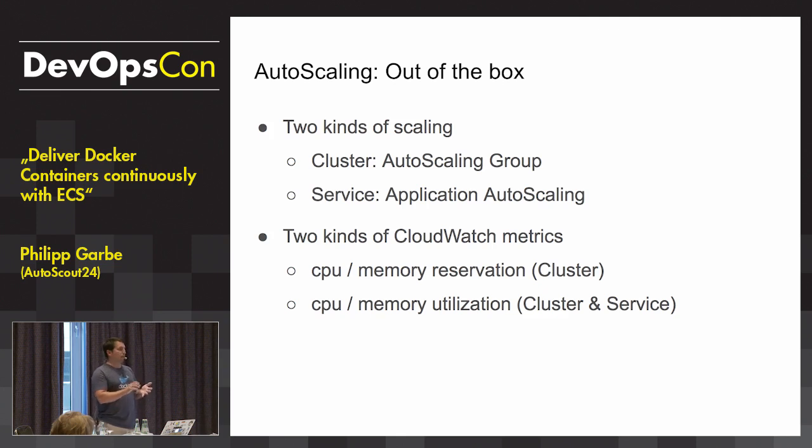Based on this information, it knows this host can handle another task, or can place another one here, or not. It does not look at the real utilization. So maybe all these services don't need any CPU, or don't need all the memory that they required. But for ECS, that host is already filled and it cannot place another container in it.